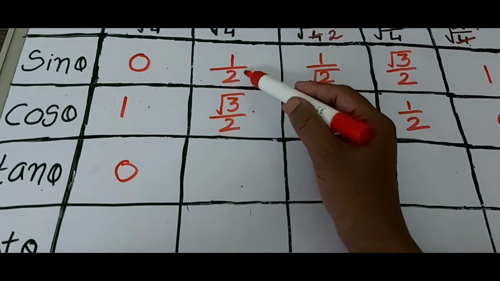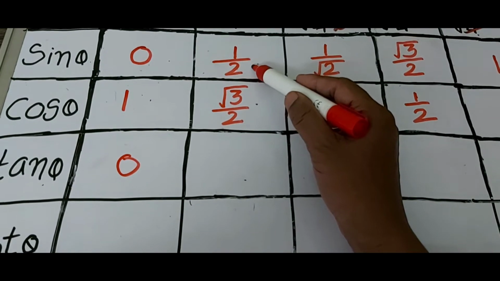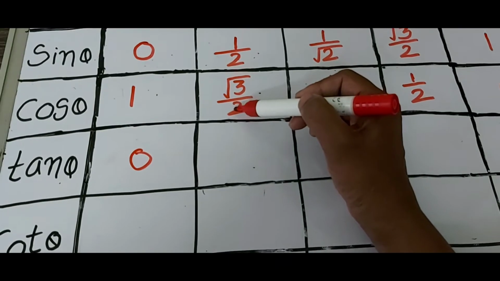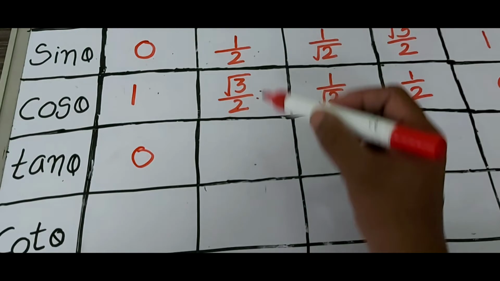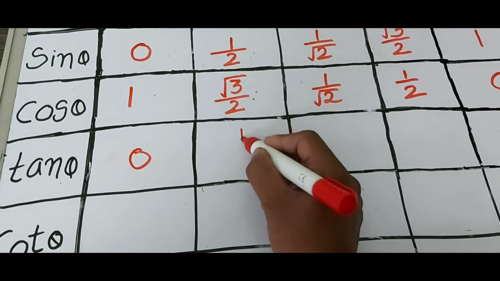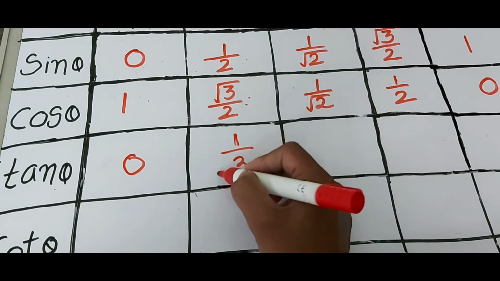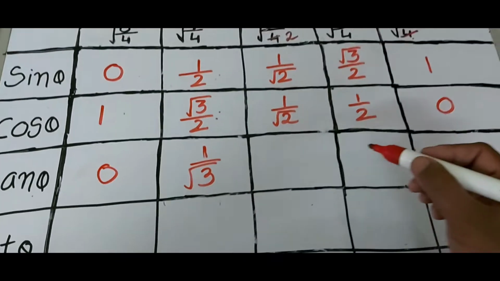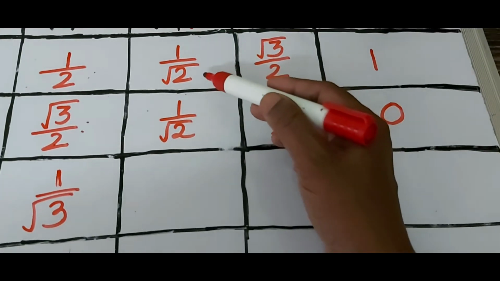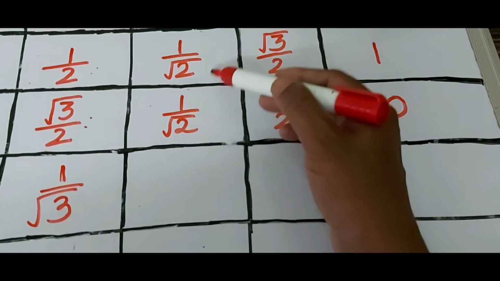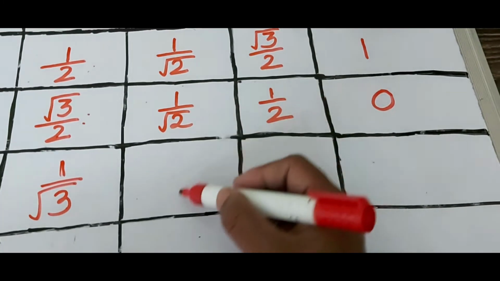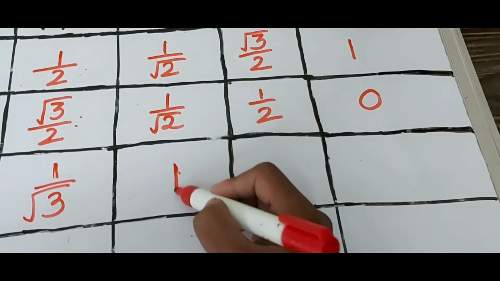Here, when you divide these two, denominators would get cancelled and you will get 1 by root 3. Similarly, when you divide these two, since both are same, they will get cancelled and you get the value as 1.